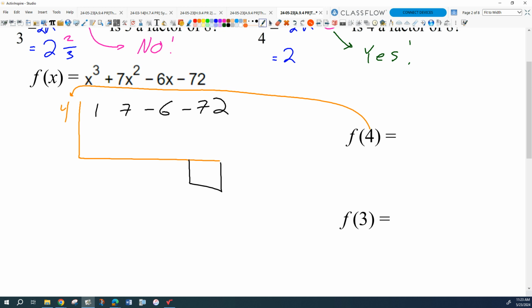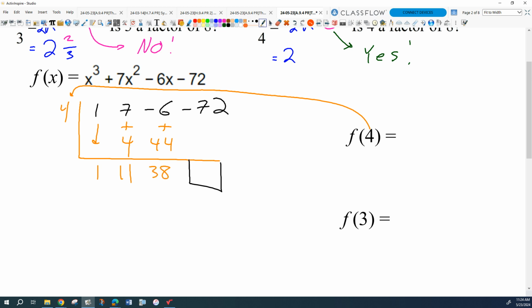If I do the process here, remind me how to do synthetic division again. I drop the 1, multiply by the outside number, then is it add or subtract? Add. Yeah, I do the opposite of long division. I add with synthetic. 7 plus 4 is 11, times 4 is 44, plus -6 is 38.